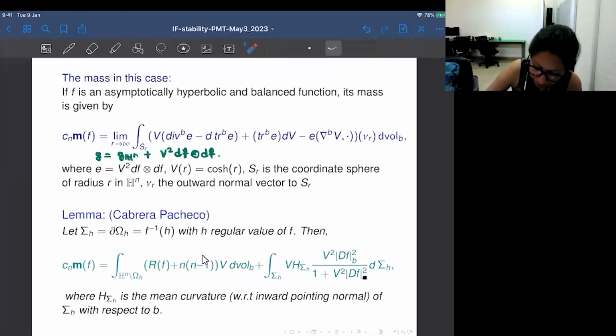And here I have the part that comes from the level set of our manifold, of our function f. And here I have the hyperbolic cosine, the gradient of f, and the mean curvature of our hypersurface sigma h.